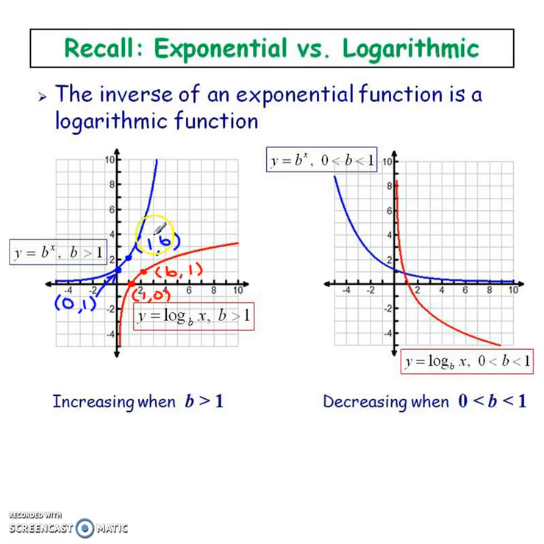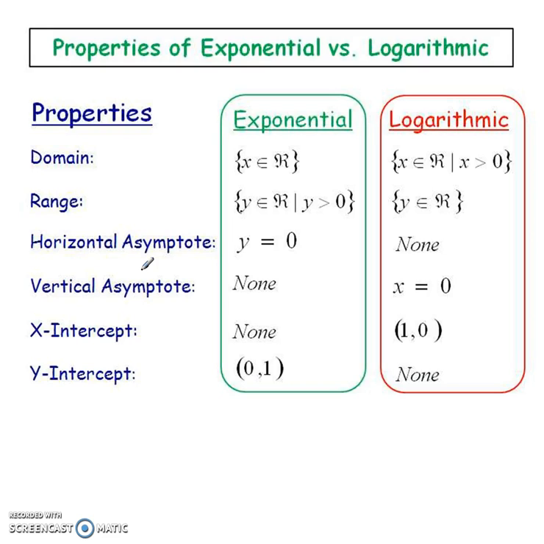Okay, so if I switch these guys around, I get the inverted point, and that is another major point on your logarithmic graph. These 2 points are going to be very important when I start to do the mapping notation for any transformations. Okay, so here's some extra information that I went over in a previous video.